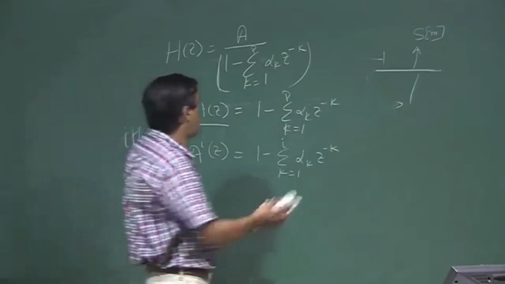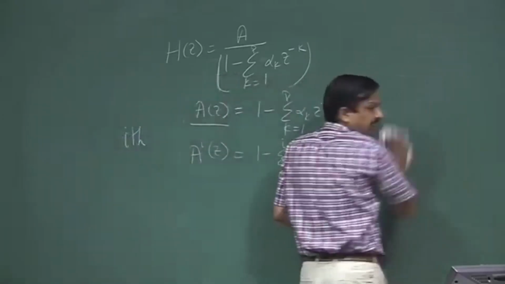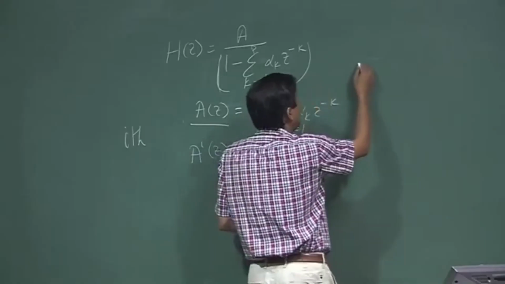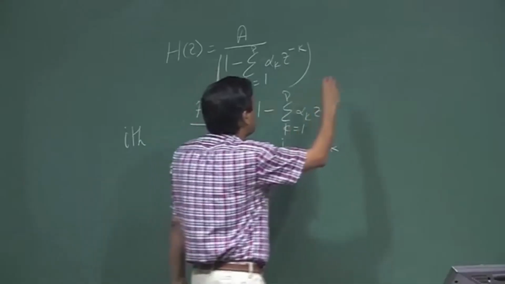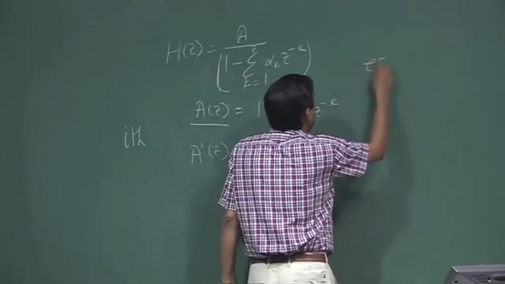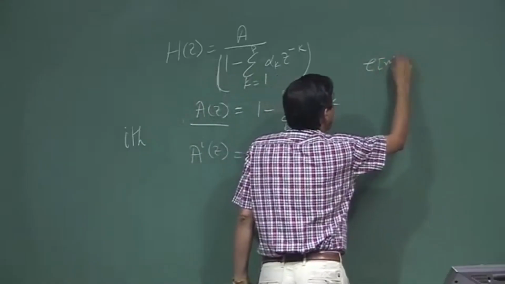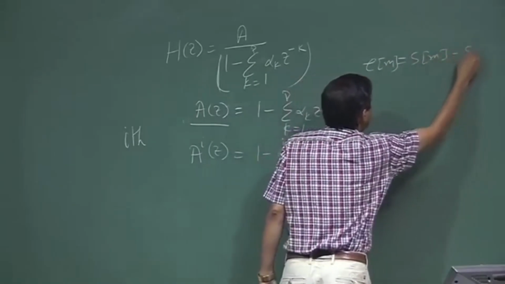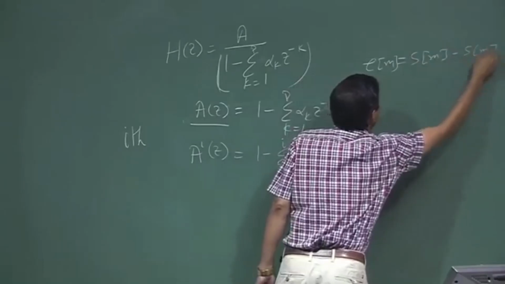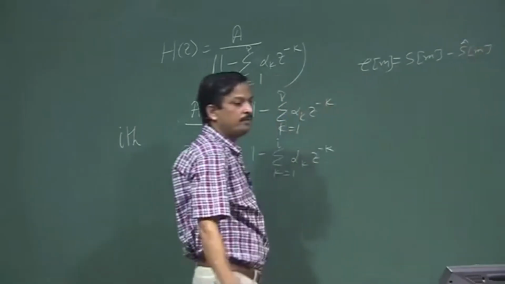So, what is forward prediction? Forward prediction error, e m, is nothing but the original sample minus the estimated sample. This is the prediction error.